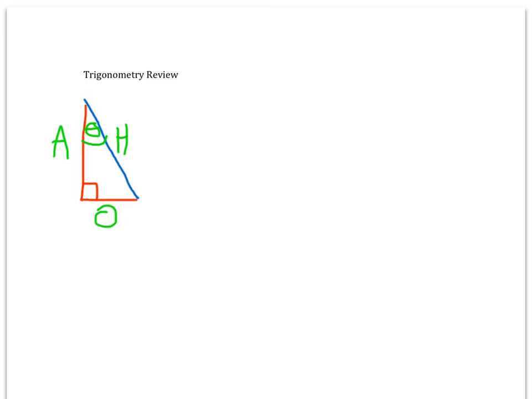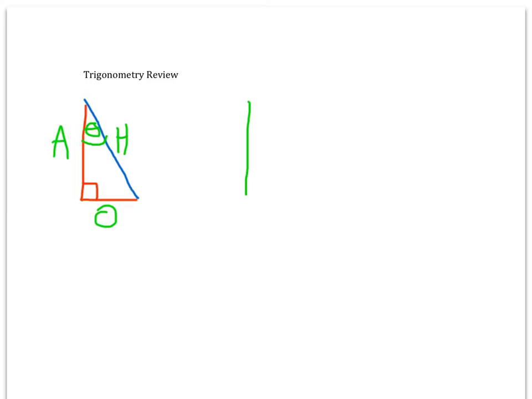Another type of triangle we're going to run into when we're studying forces on inclines is one that looks like this. You've got the hypotenuse pointed straight down. It will eventually become an arrow, but we don't need to do that right yet.